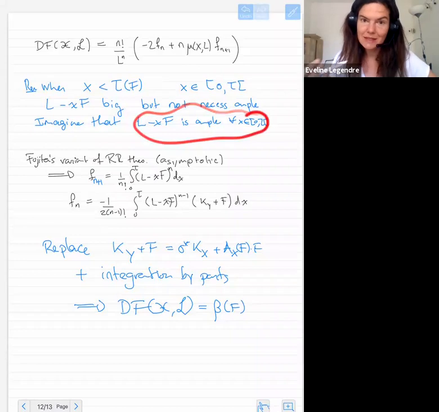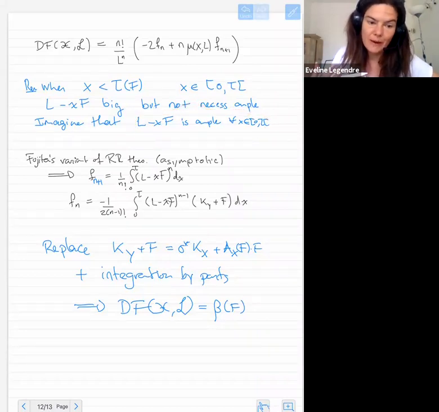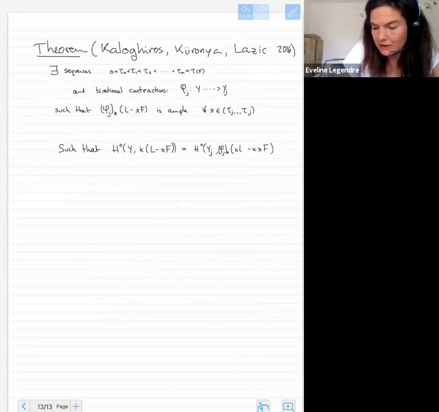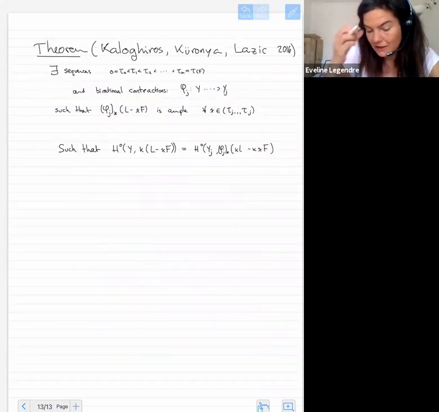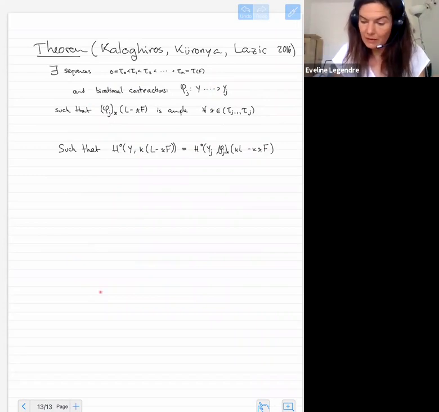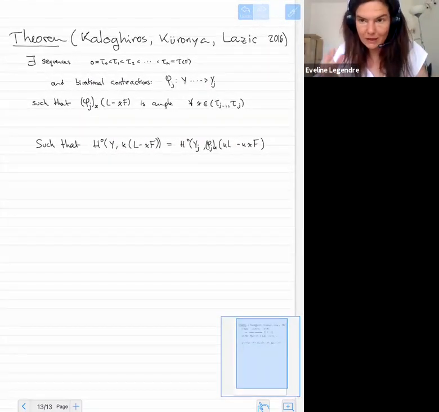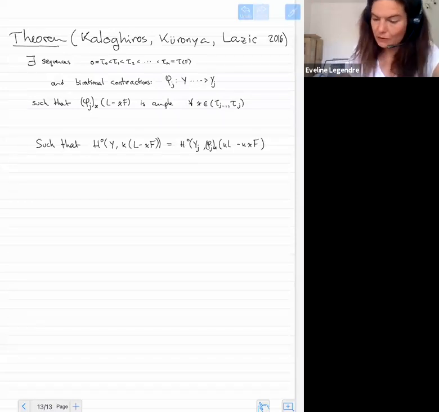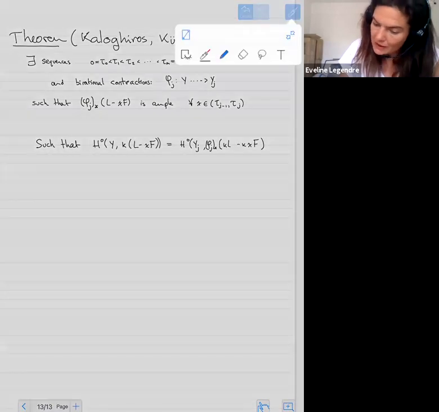And this is where we need to take the big tool of MMP, what Fujita did in a similar setting. This is the big theorem that, personally, I used as a black box. I don't really know how to prove it, but I was happy that we were able to use it.